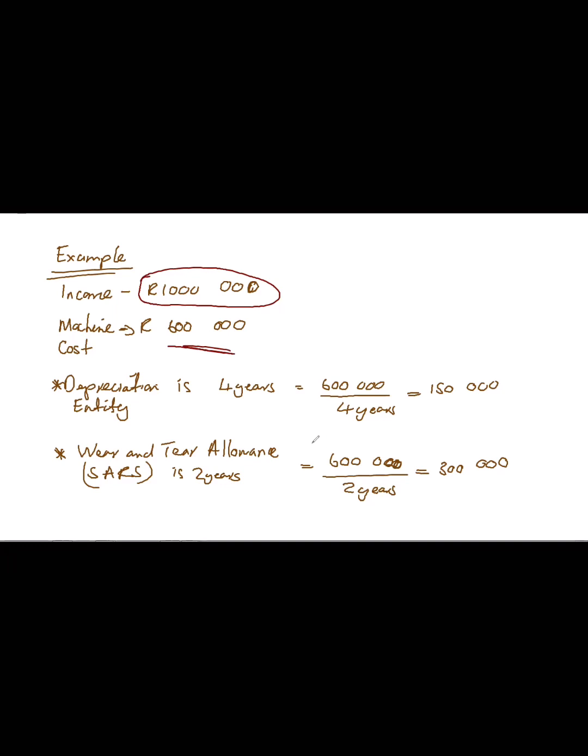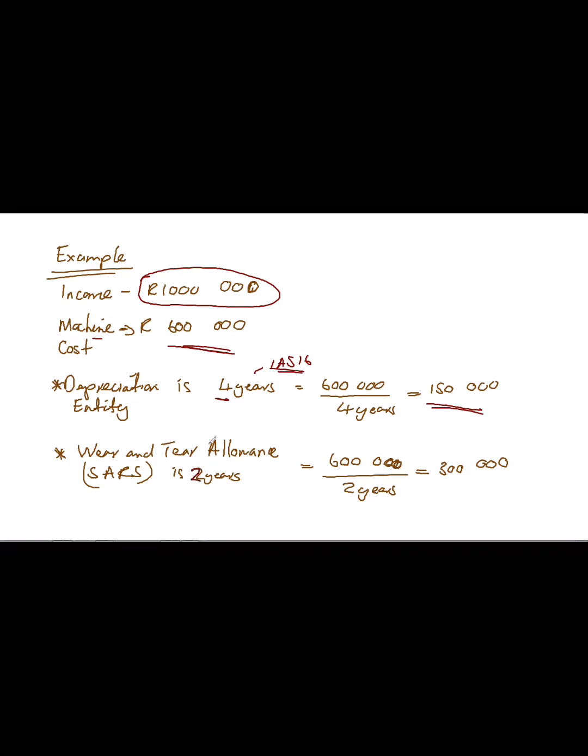600,000. According to our accounting, which is IAS 16, we are going to depreciate the same machine over 4 years. I took the liberty and calculated for you, so we get a depreciation of 150. And for the same machine, SARS says we are giving you 2 years.